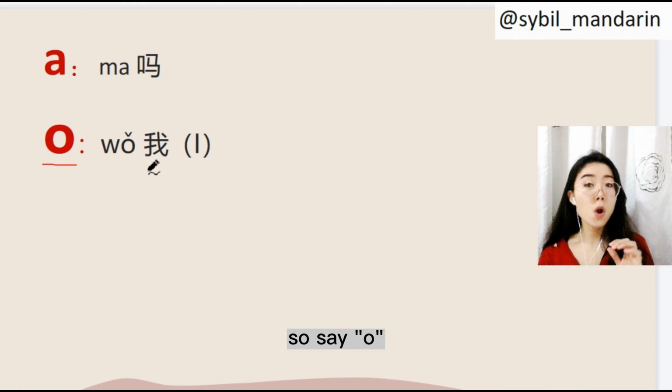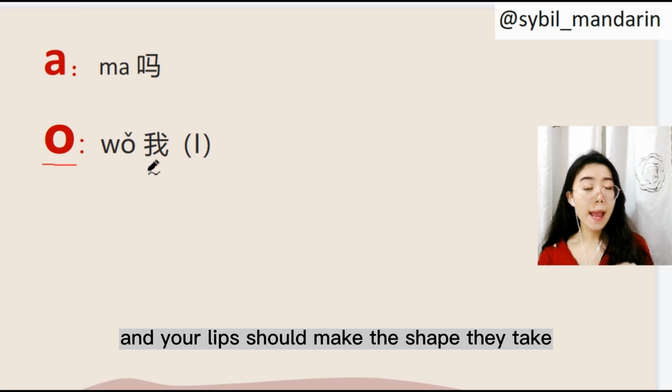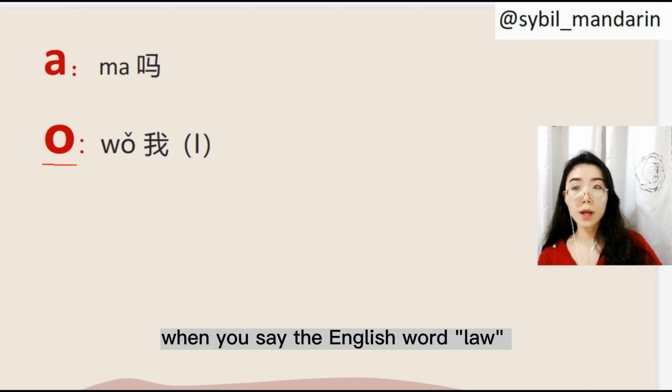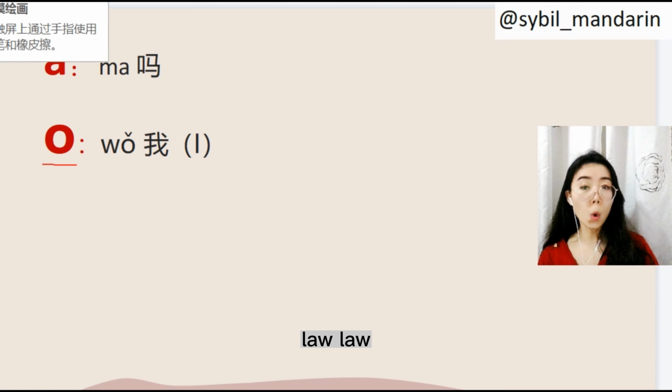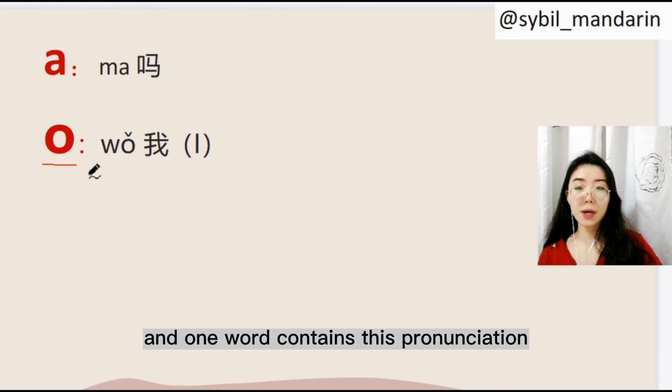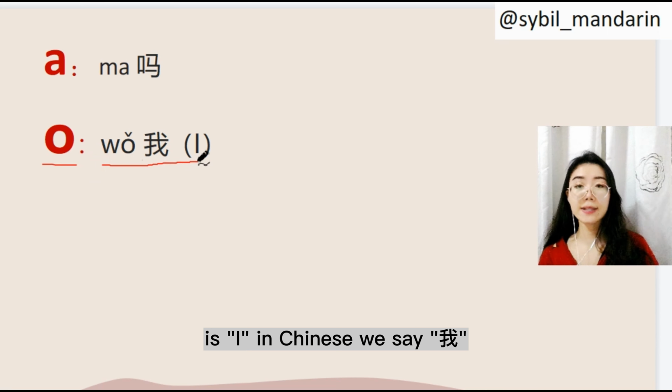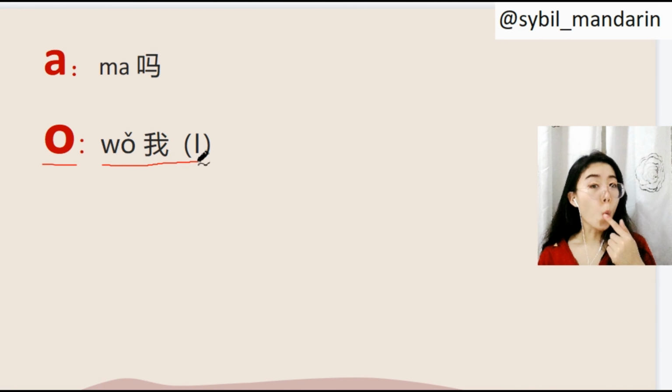So say ooh, and your lips should make the shape they take when you say the English word law, L-A-W. One word containing this pronunciation is I. In Chinese, we say 我.